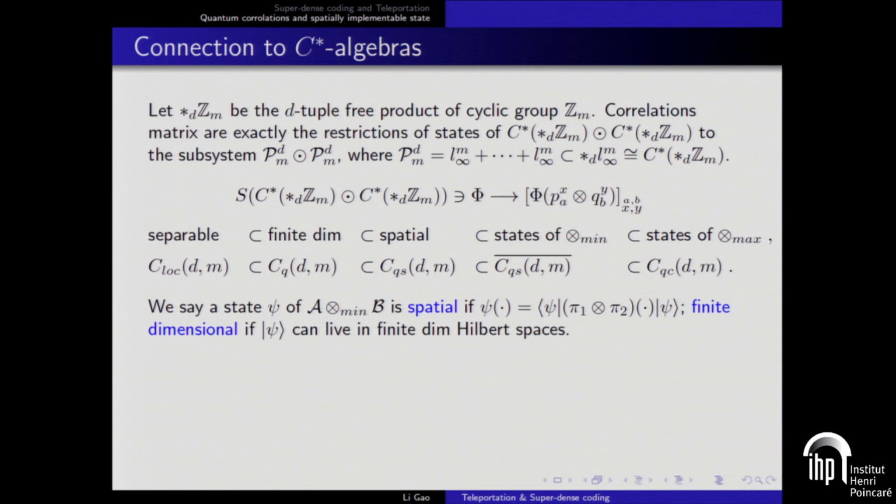Then the quantum correlations correspond to restrictions of finite dimensional states, the quantum spatial correspond to restrictions of spatial states, the closure corresponds to the states on the minimal tensor product, and the quantum commuting are exactly the restrictions of states on the maximal C-star tensor product.